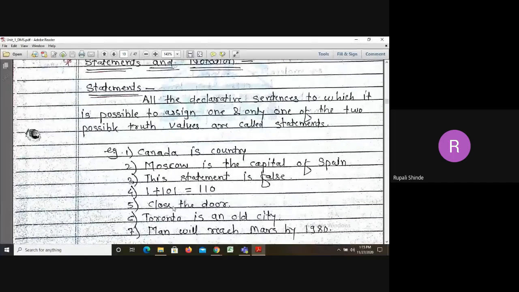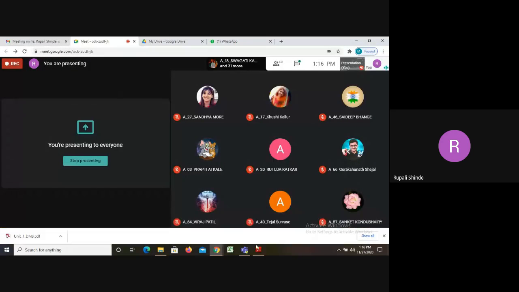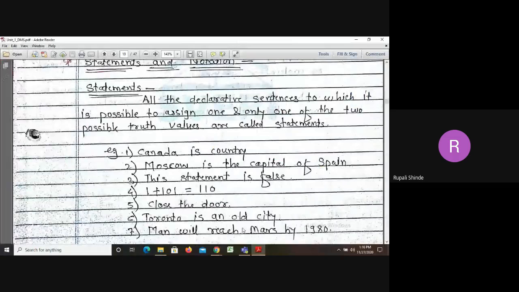Then we have seen many examples which are these statements and which are not. If you consider this sentence, close the door, then this is not a statement. Why? Because this is an order. We can't assign either true or false value. That's why this is not a statement.